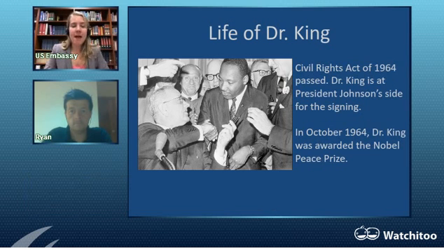So one thing that did happen in the year following that speech was the passage of the Civil Rights Act in 1964. The picture that you're seeing is a picture of Dr. King at the side of President Johnson right after he signed that piece of legislation into law.